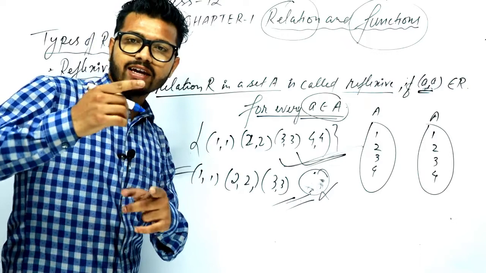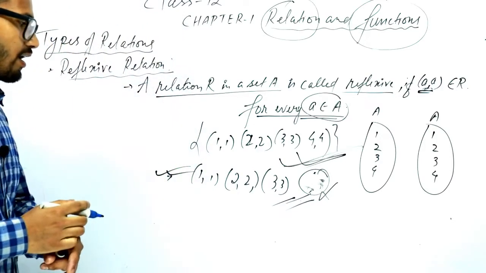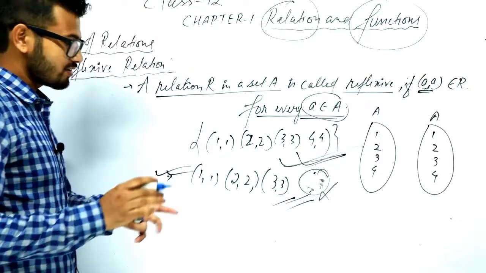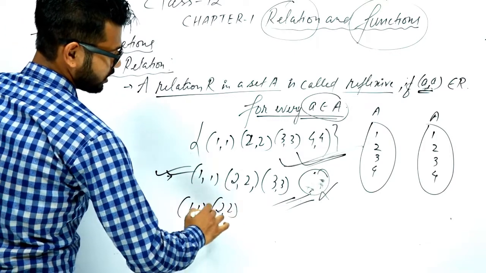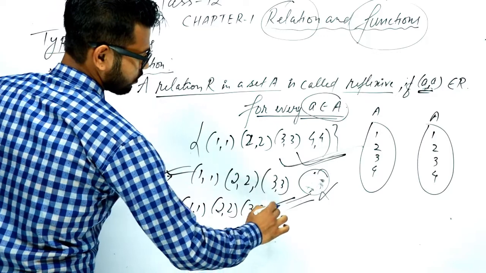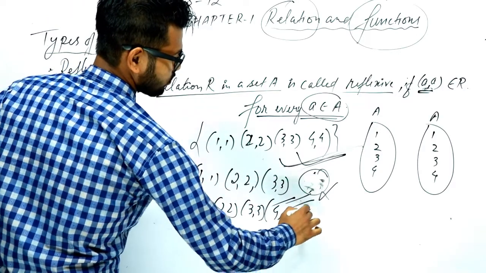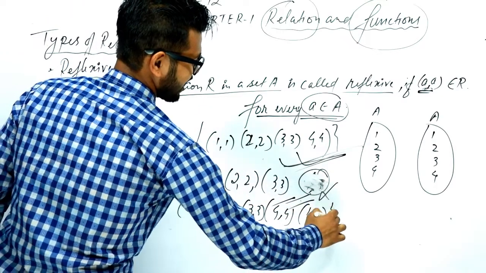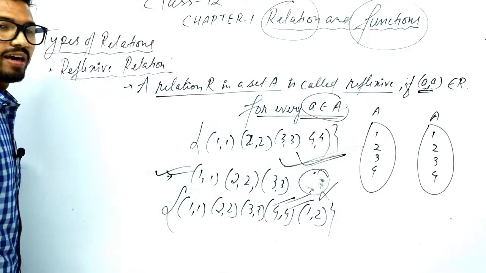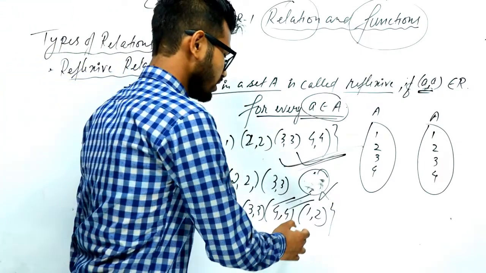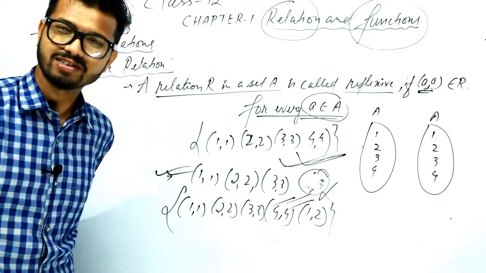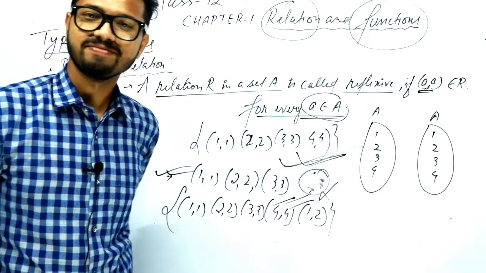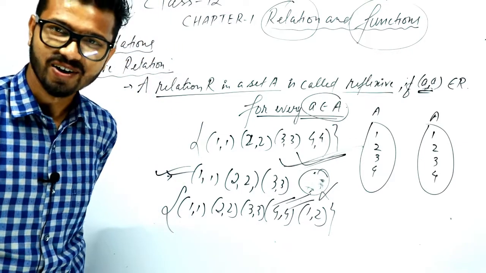Let me arrange one more case in this matter. Can you say that is a reflexive relation or not? Suppose I mention 1 comma 1, 2 comma 2, 3 comma 3, 4 comma 4, and 1 comma 2, so there is one extra unnecessary ordered pair present. Can you say this is a reflexive relation? What do you say?